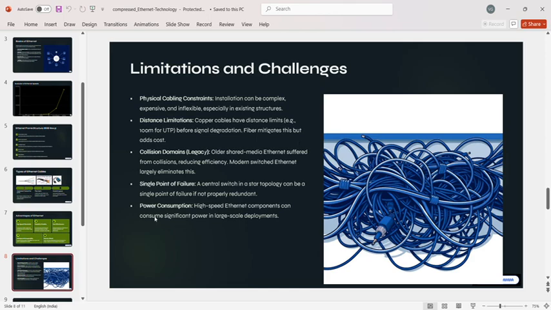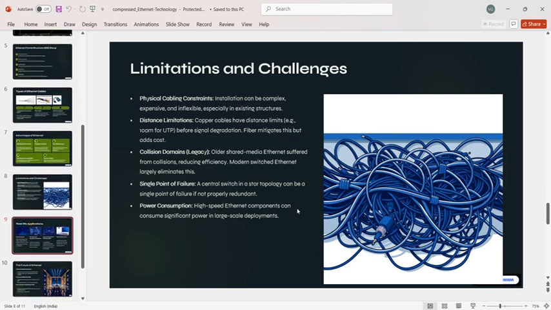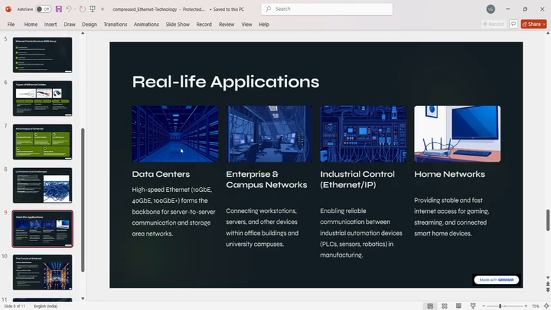Then power consumption. High speed Ethernet components consume high power, significant power in large scale deployments. Then real life applications. We use it in data centers for high speed Ethernet and backbone for server to server connection.